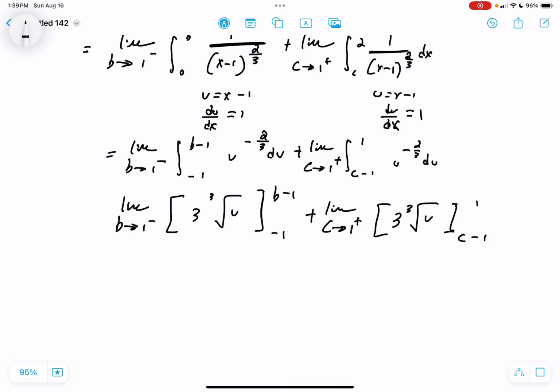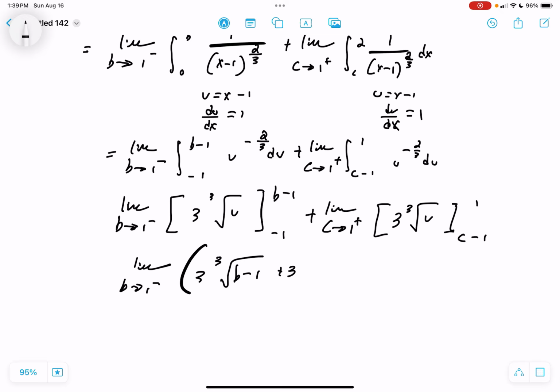Now we still have to be repetitive. This is going to be the limit as b approaches 1 from the left of 3 times the cube root of b minus 1, minus, now what is the cube root of -1? That's going to be -1. So this really becomes plus 3.